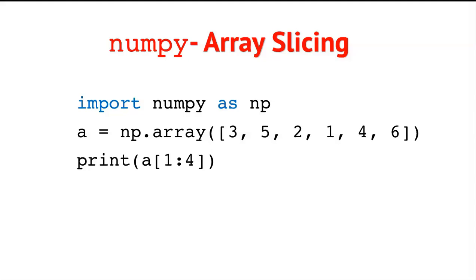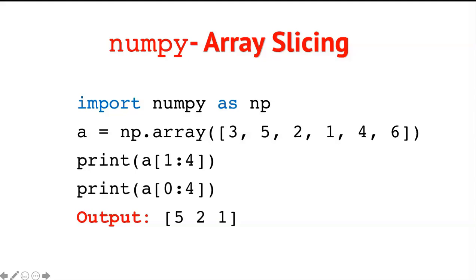Therefore, it will give the output 5, 2 and 1, meaning values at index number 1, 2 and 3. In the same way, if we print a of 0 to 4, then it will return values at index number 0, 1, 2 and 3. Therefore, the output will be 3, 5, 2 and 1.